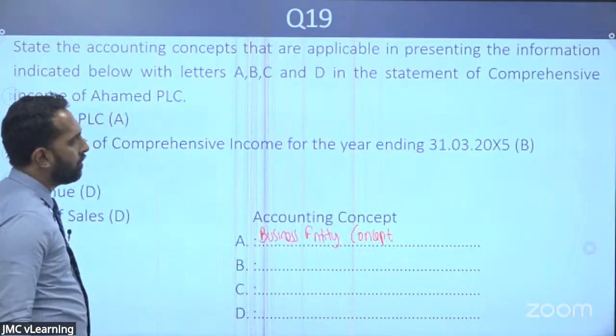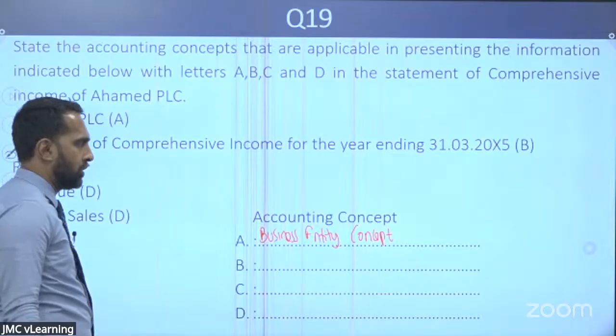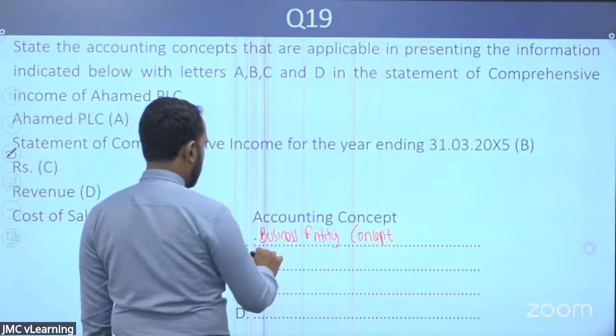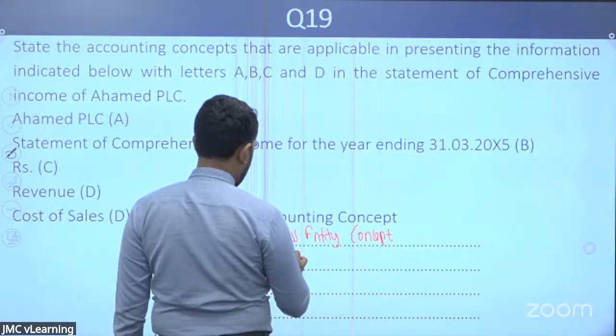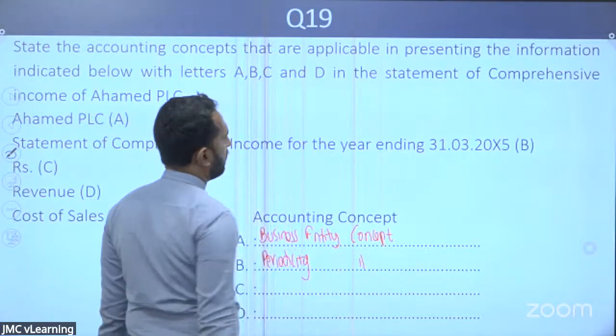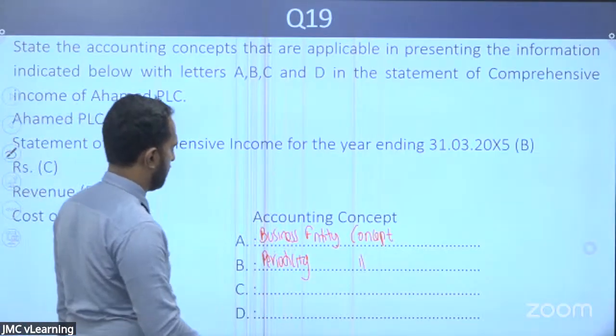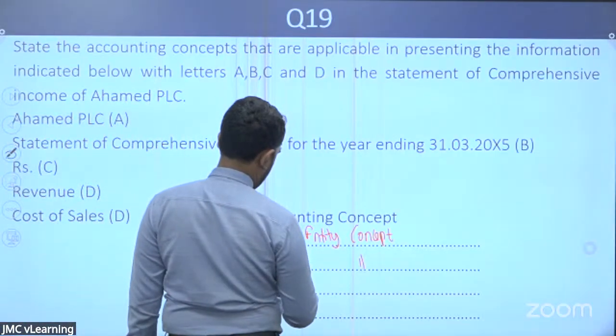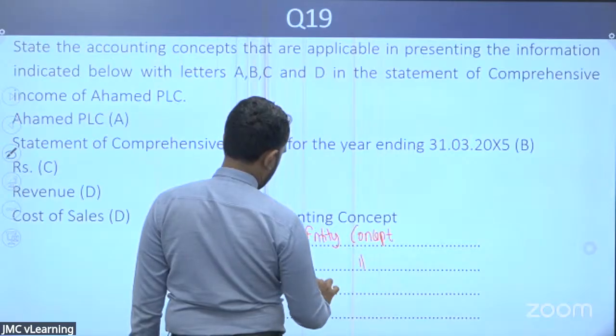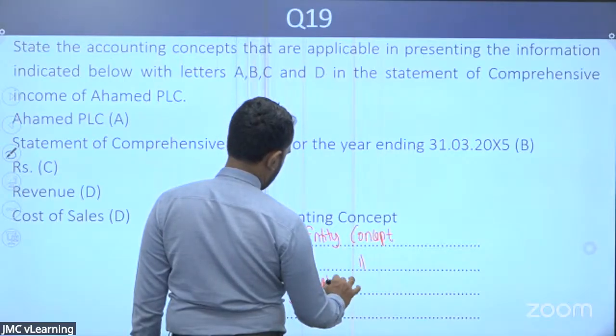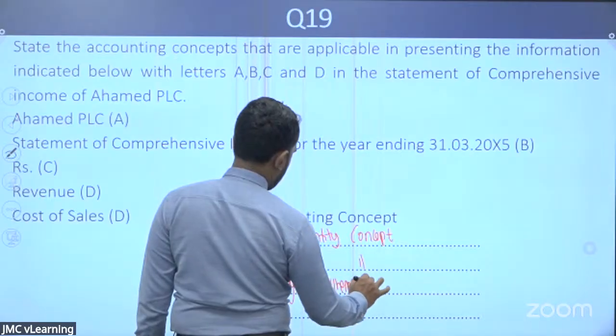Statement of comprehensive income for the year ending 31st of March. It shows a period, so the periodicity concept. Rupees, money measurement concept.